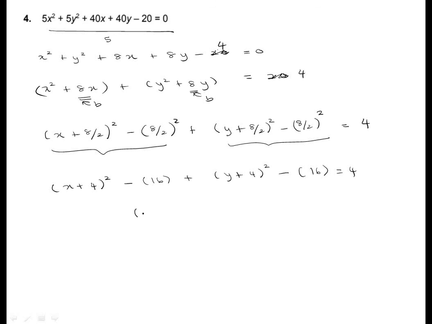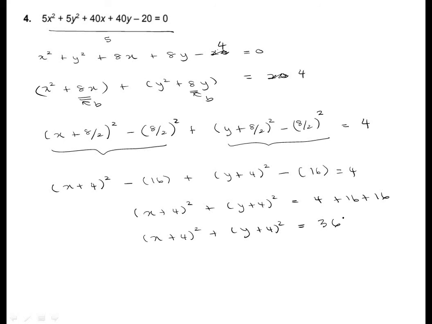As for the final equation, we get (x plus 4) squared plus (y plus 4) squared, and then move both of these negative 16 to the right. 4 plus 16 plus 16 equals 36.